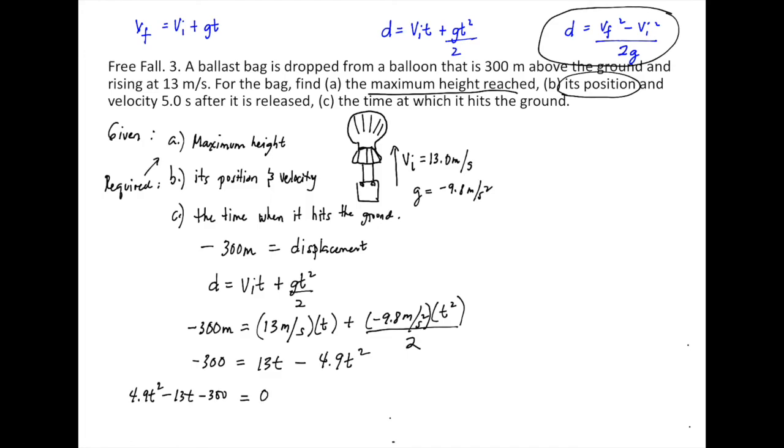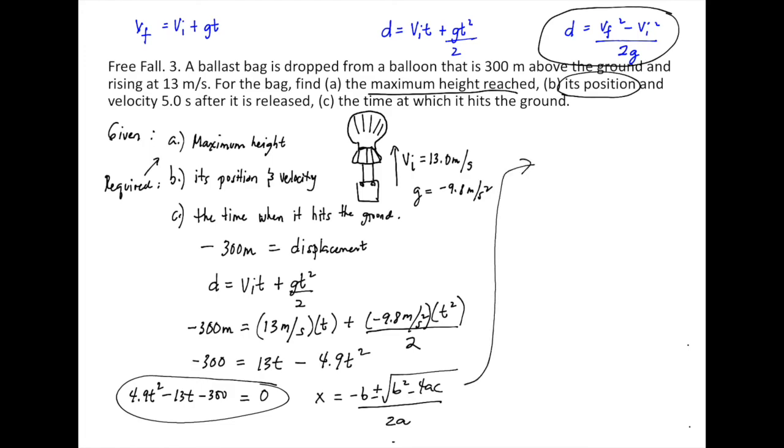And then in order for us to solve for t, we could apply our quadratic equation, which is x equals negative b plus or minus square root of b squared minus 4ac all over 2a. And then rewriting now our equation here, the 4.9 will be our a, the negative 13 would be our b, and the negative 300 will be our c.